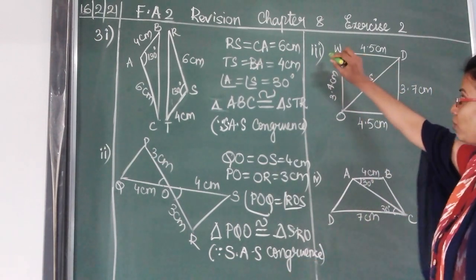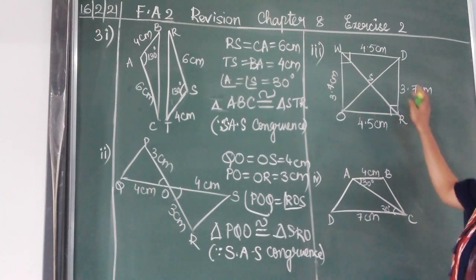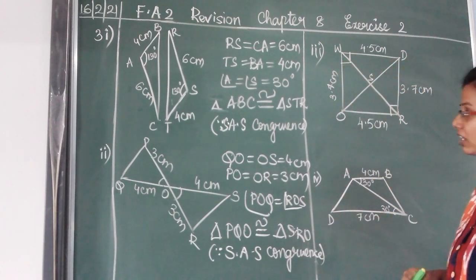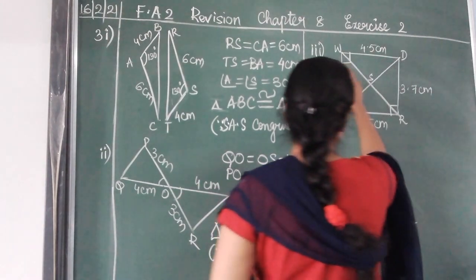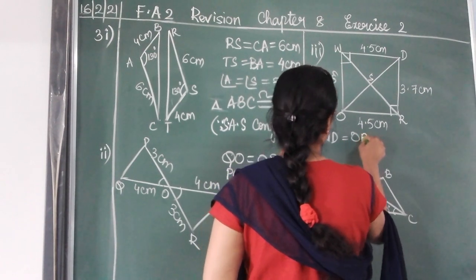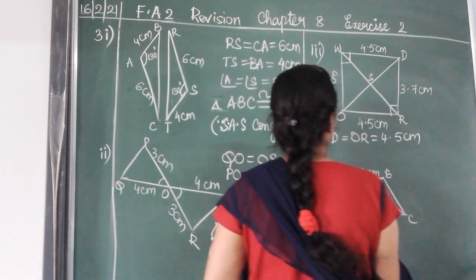So now let us do the third bit. Here a square is given. The opposite sides of the square are equal and the angles formed here are equal. So here you can write that WD is equal to OR, which is equal to 4.5 centimeters.